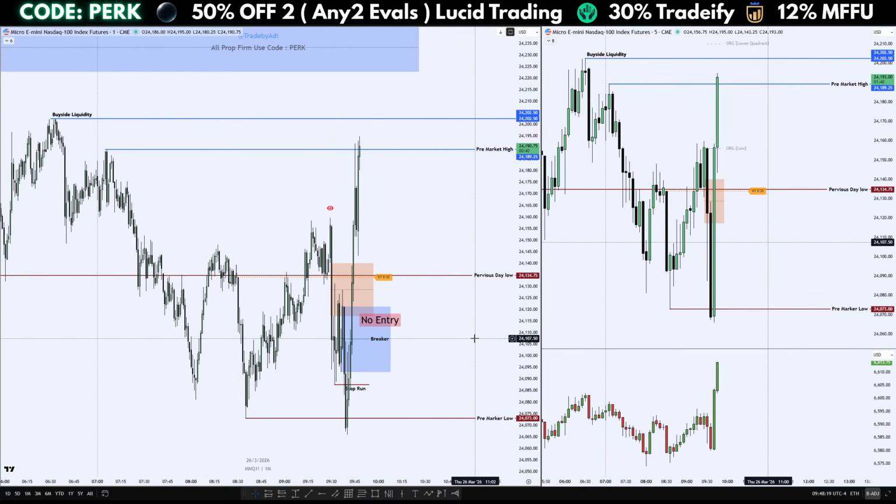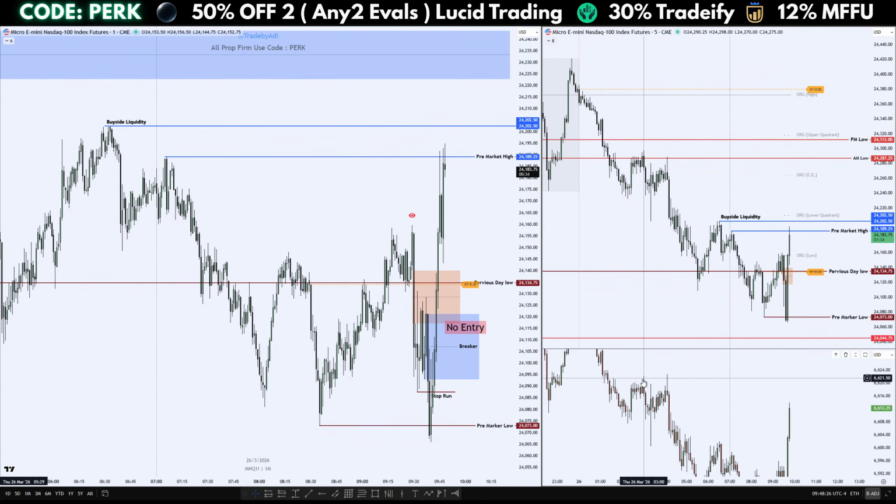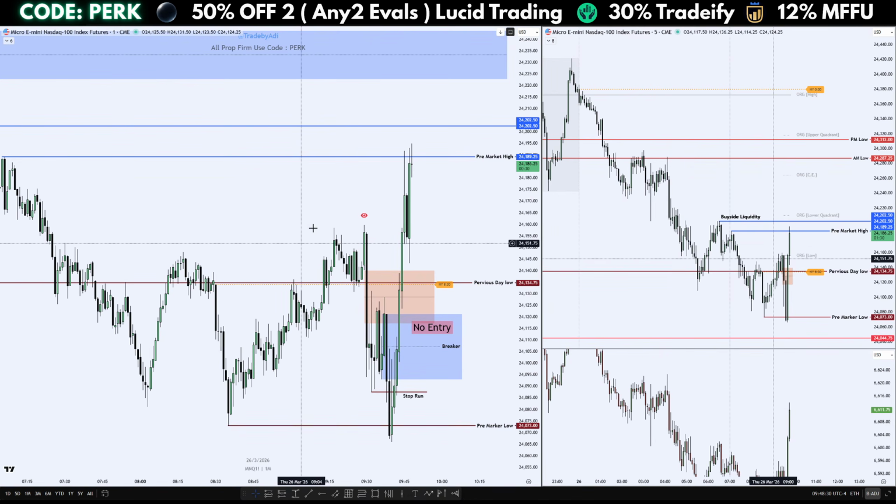Yeah, ES is more bullish as compared to Nasdaq, and if you check the ES, we do have the equal highs over here, 6,622.